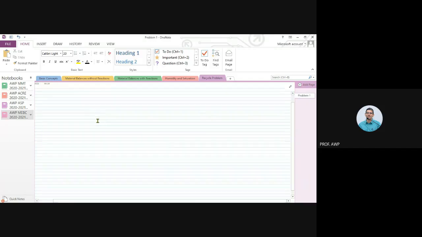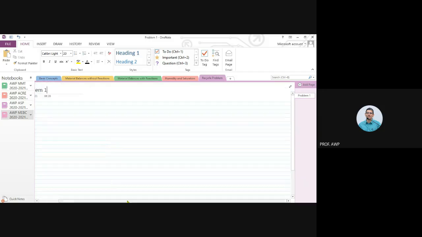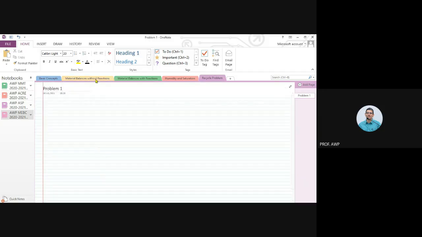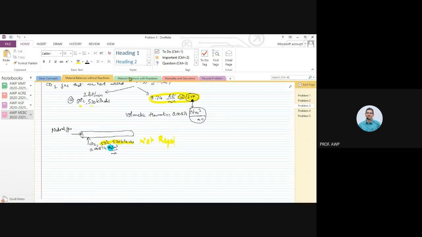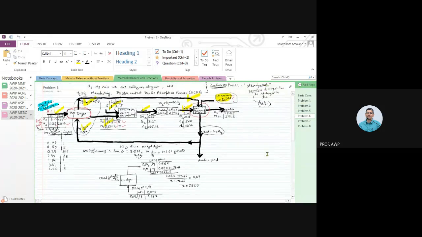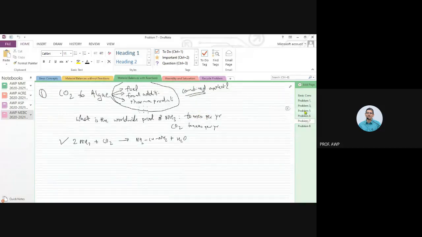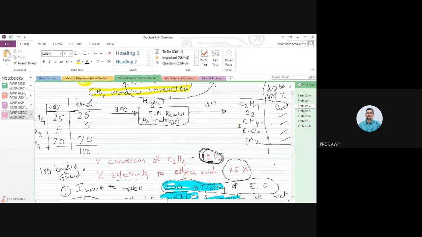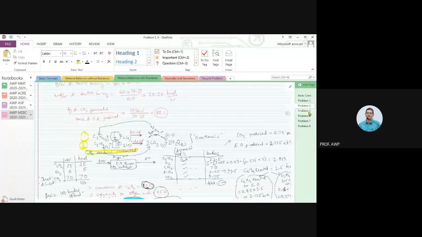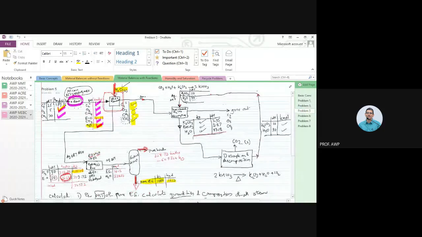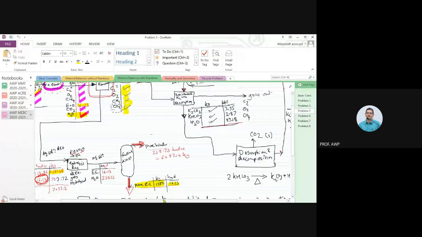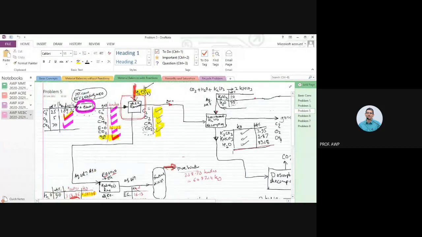So far, if you look at the problems that we have done related to material balances with reactions, some of them, even if they were fairly long, like the ethylene glycol problem, involved many unit operations and unit processes, with reactions and separation processes.